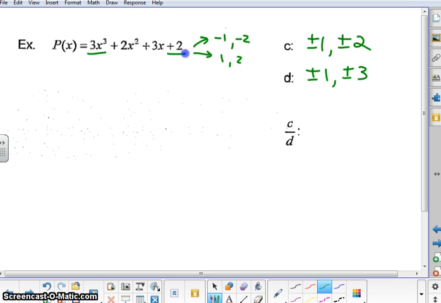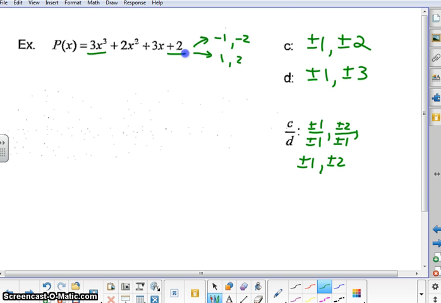And if you divide them, you take the top number, plus or minus 1, divide by plus or minus 1. What do we get? We just get plus or minus 1. Okay, and then we take plus or minus 2 divided by plus or minus 1, and you get plus or minus 2.